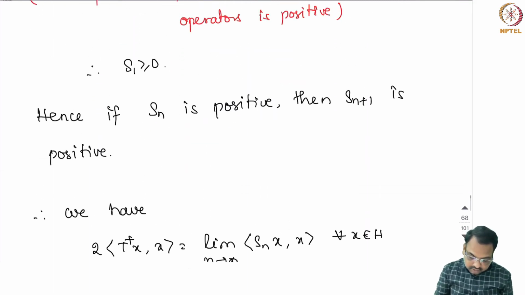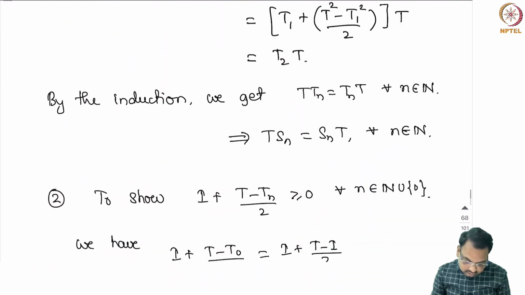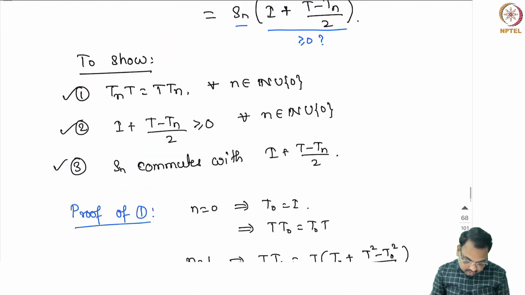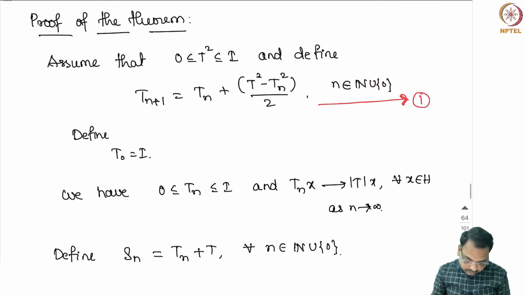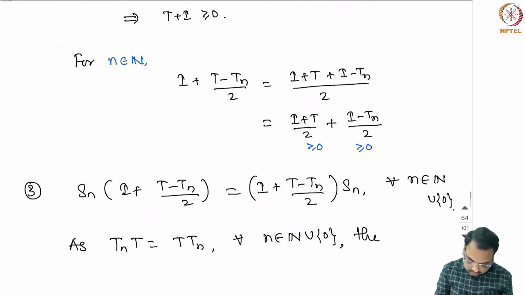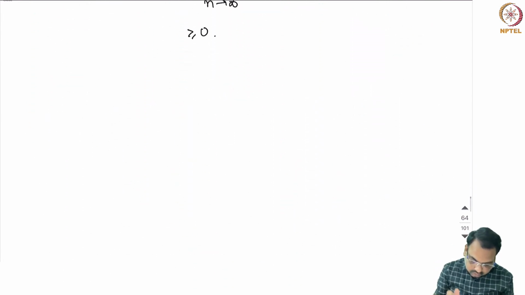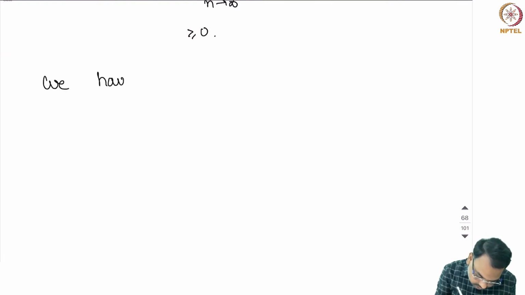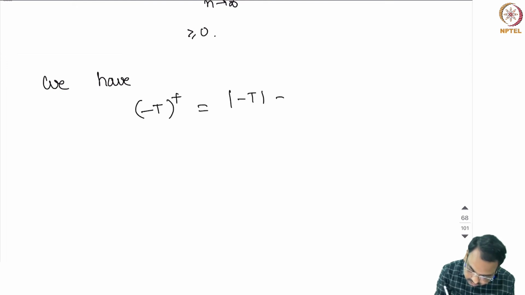Now if you want to show that T minus is positive, we can write T minus in terms of T plus. So we have, if you look at minus T, plus is mod of minus T plus minus T by 2.